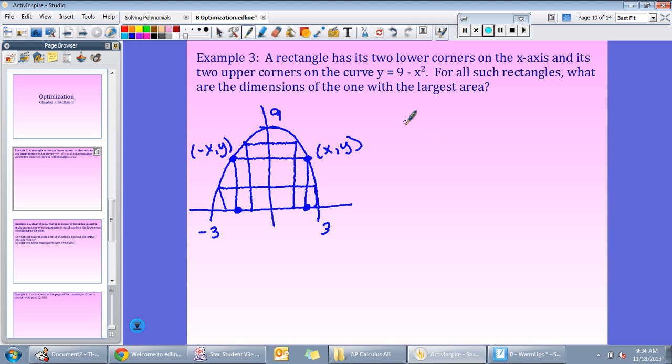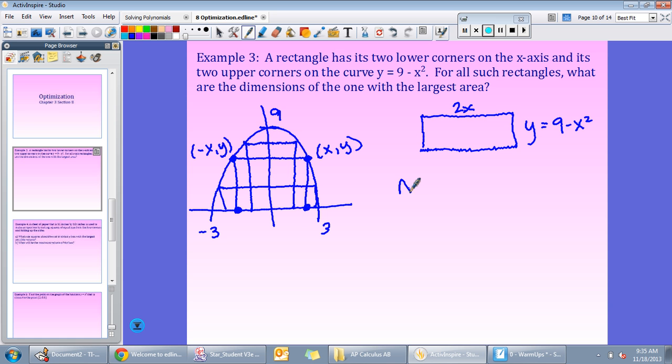So we know that we're talking about a rectangle, and we also know that its height is y, which is equal to the equation that they gave us. And then we also know that the width of the rectangle is half of its x, so the whole width is going to be 2x.